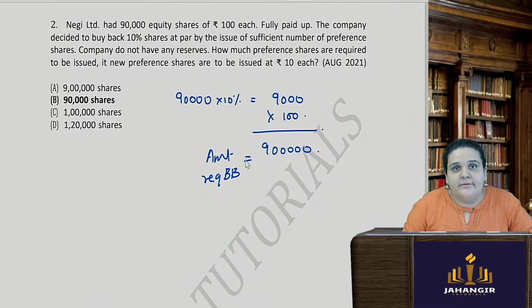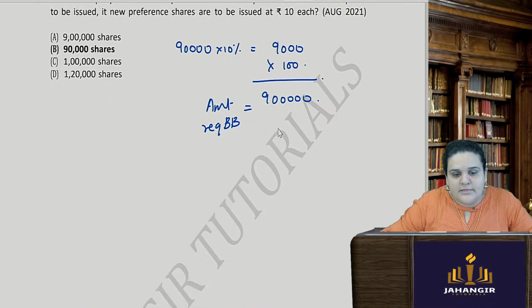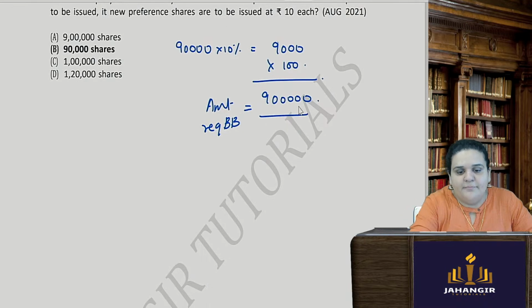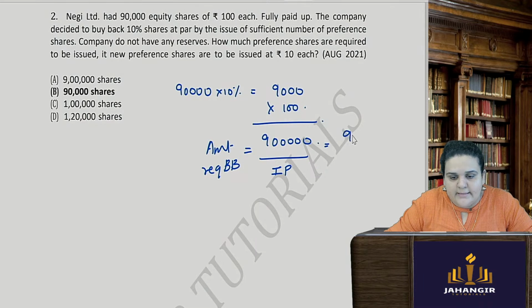There is nothing there in my reserves. I have to do completely a fresh issue. How many shares I'll have to issue fresh? Okay. So what is the issue price of the preference shares? Rupees 10. Issue price is rupees 10. So this amount required for buyback divided by the issue price of the fresh issue. So 9 lakhs divided by 10, that will come to 90,000.